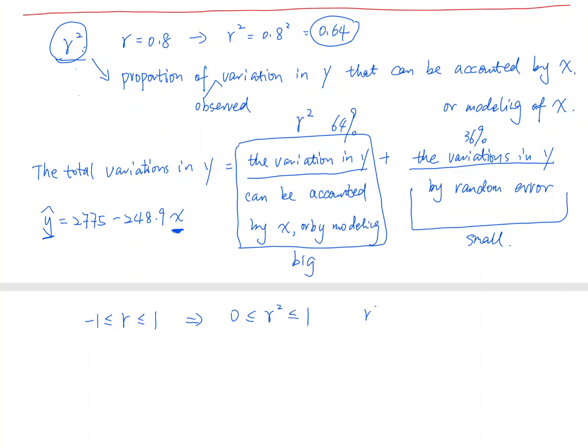When r squared is closer to 0, we have a very weak linear relationship. When r squared is closer to 1, it means almost 100% of the variation is because of this regression, so this regression is strong.